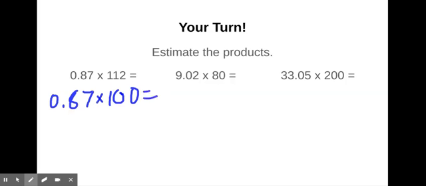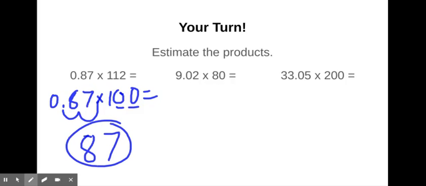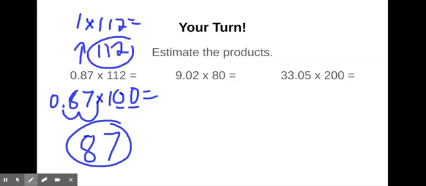All I have to do is move that decimal point. So let's move that point 1, 2 places to get 87. So my estimate for this first problem would be about 87. You also could have opted to round this decimal to about 1 and then done 1 times 112 to get 112. Either estimate would be acceptable.